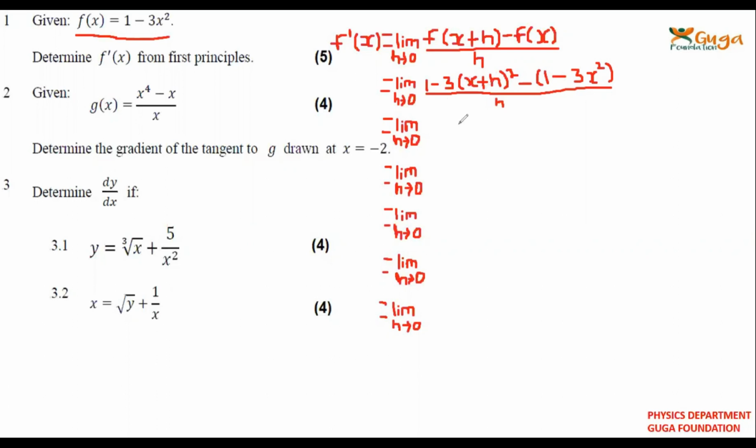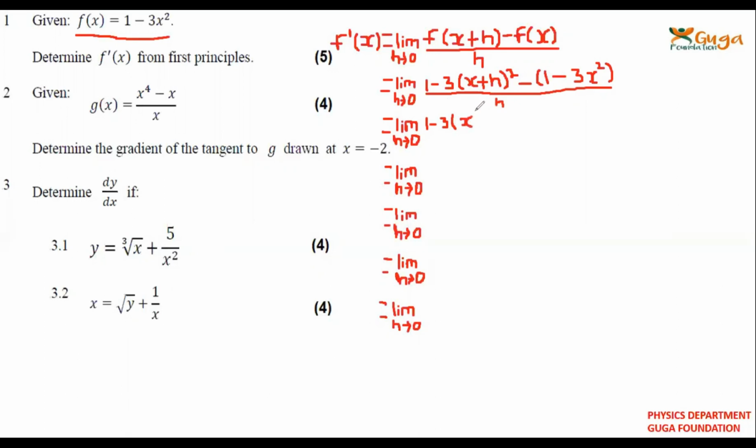So now we just have to simplify that. It will be 1 minus 3 into x times x is x squared.